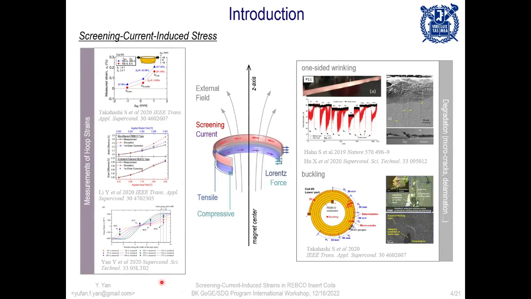Meanwhile, we also observed conductor degradations related to the screening current-induced stresses. On the tensile side, we observed one-sided wrinkling, and on the compressive side, we sometimes have conductor buckling.